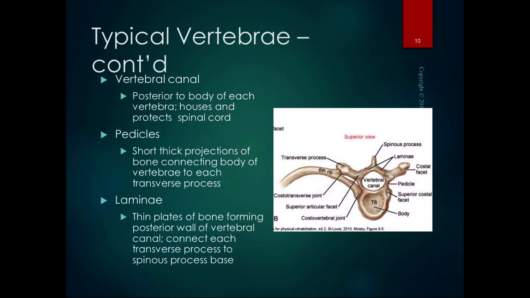The laminae are thin plates of bone forming the posterior wall of the vertebral canal, and they connect each transverse process to the spinous process. So that makes that canal, that opening that the spinal cord runs through. The body, the pedicles, the transverse processes, the laminae, and the spinous process all form that ring. And when stacked together, we have a canal that the spinal cord runs through.